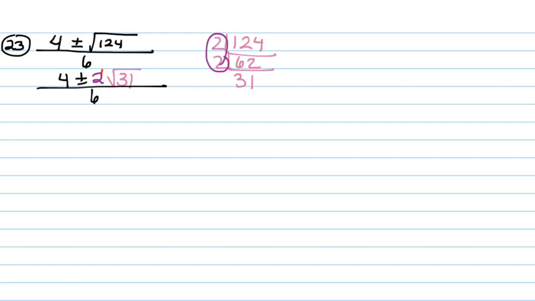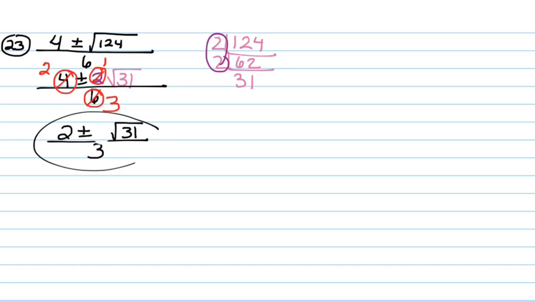And simplify these 3 spots by dividing them all by 2. Gives me 2, 1, 3. And that gives me 2 plus or minus 1 on the square root of 31 divided by 3, which I don't need to write the 1. And so I'm done.